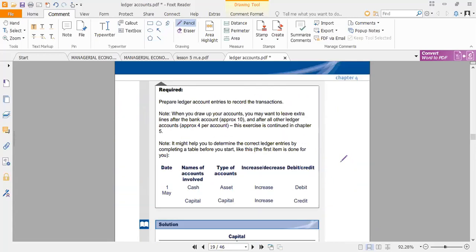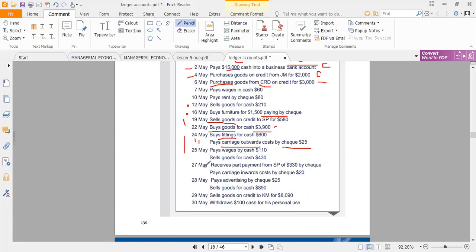You're doing fine so far. We have 4 more to go in that order. The 2, Agatha, then the last 2, Chaka, in that order. Yes, Agnes receives part payment from SP 330 by check.